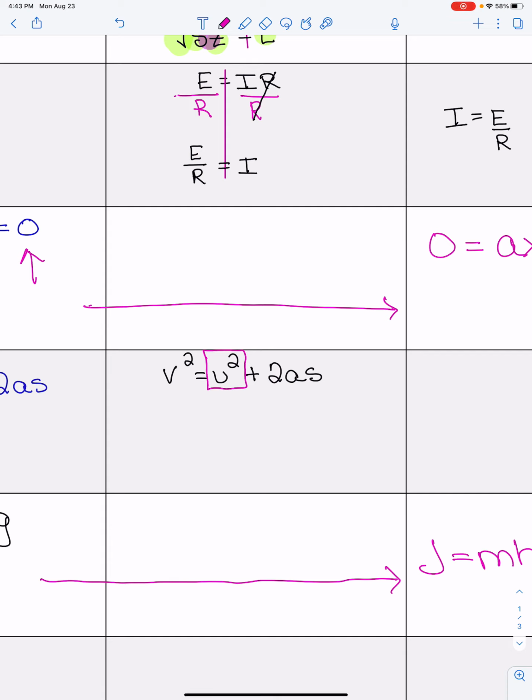I want to see what's happening to that term that I can get rid of. All right. Well, U squared is being added to 2AS. I don't need the 2AS at all, so I really have to get rid of all of it. So instead of adding 2AS, I'm going to go ahead and subtract 2AS. Since it's all one term, I can subtract it all together.